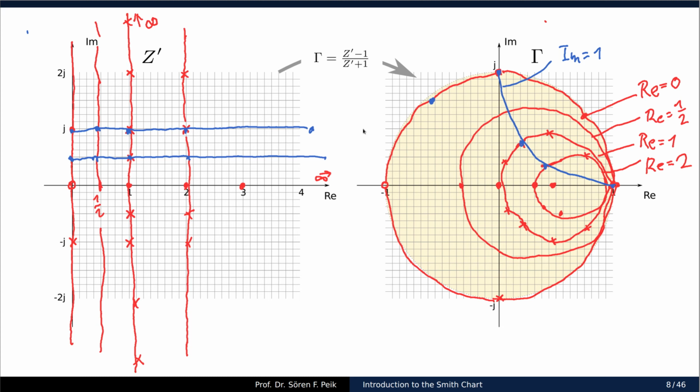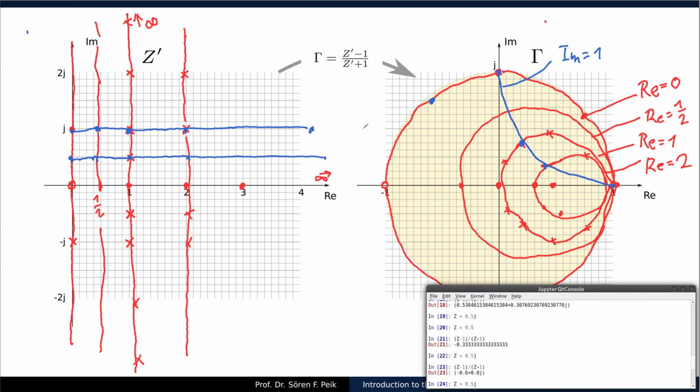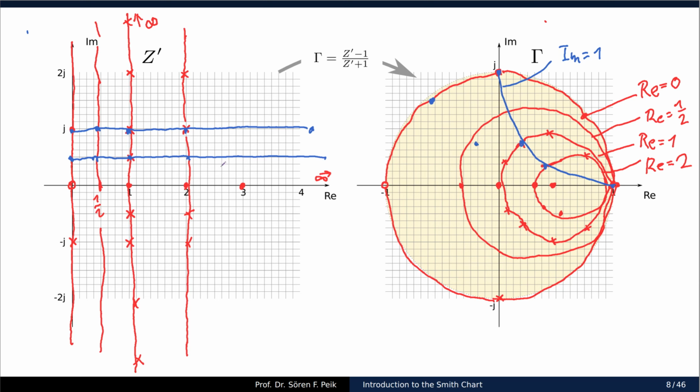And maybe we can also find one more point just for the fun of it, which is this one, 0.5 plus 0.5j. So that's minus 0.2 and 0.4, which is somewhere here. So this point and this point we have already, which are these 2 points here.